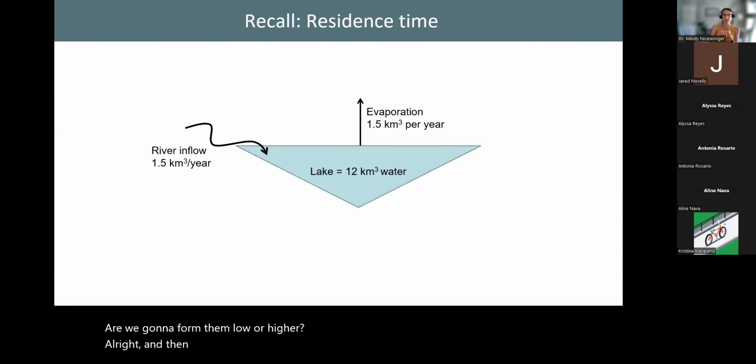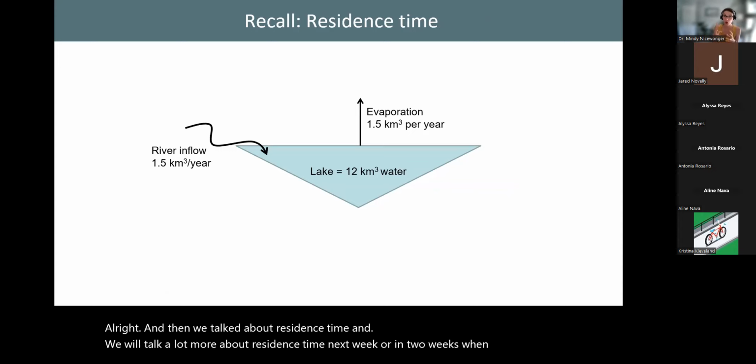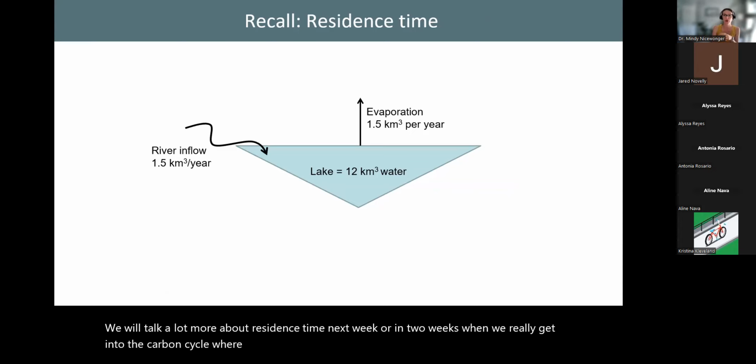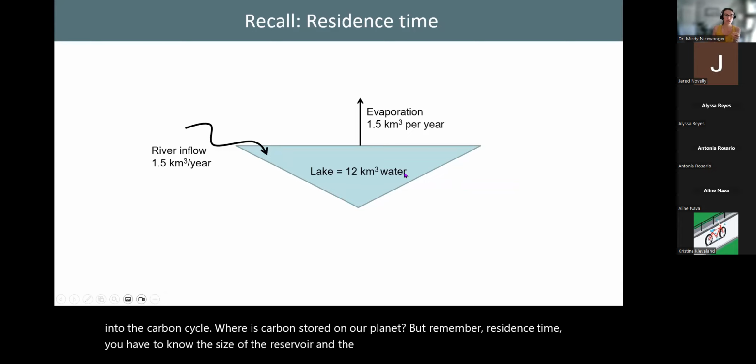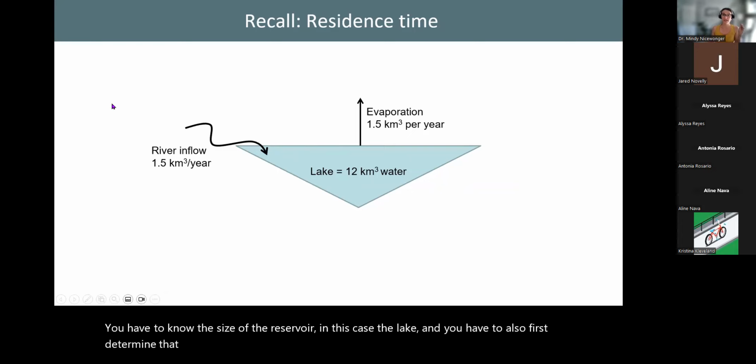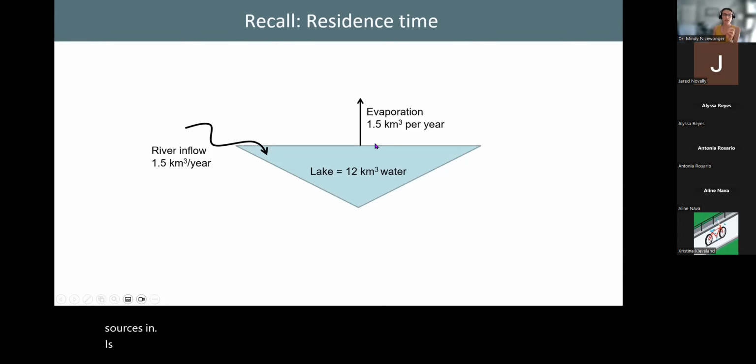All right, and then we talked about residence time, and we will talk a lot more about residence time next week, or in 2 weeks when we really get into the carbon cycle. Where is carbon stored on our planet? But remember, residence time, you have to know the size of the reservoir, in this case, the lake, and you have to also first determine that the system is in steady state, meaning that the flows, fluxes in, sources in, is equal in value to the sinks out.